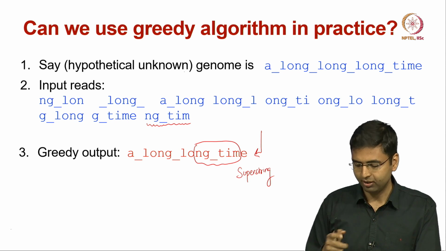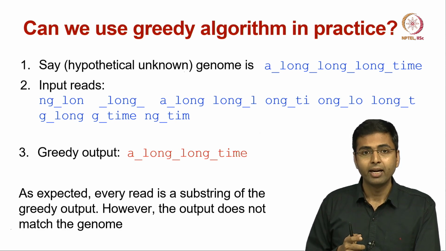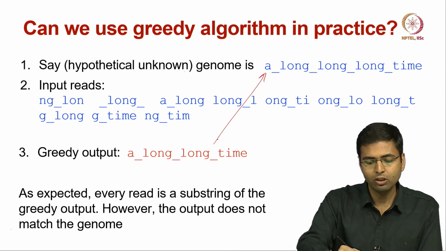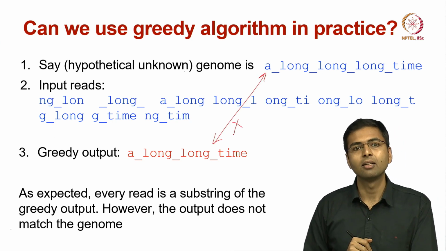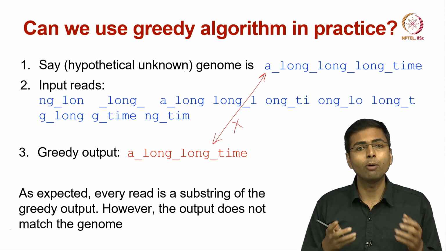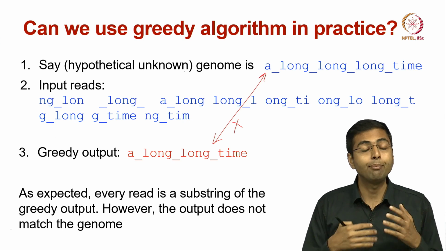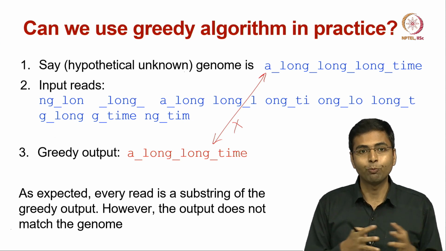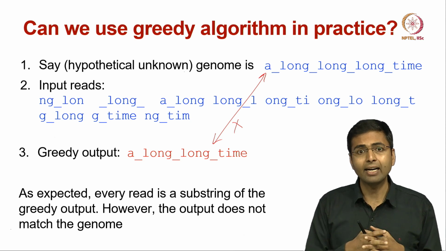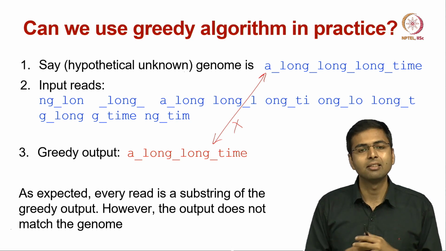But what has gone wrong? Well, observe that the output does not match the original genome sequence, and this is a problem because now if you think of giving the greedy output to a biologist and asking them to trust your output, then they will not be happy because they may say, look, your genome sequence looks much shorter than what I expected.